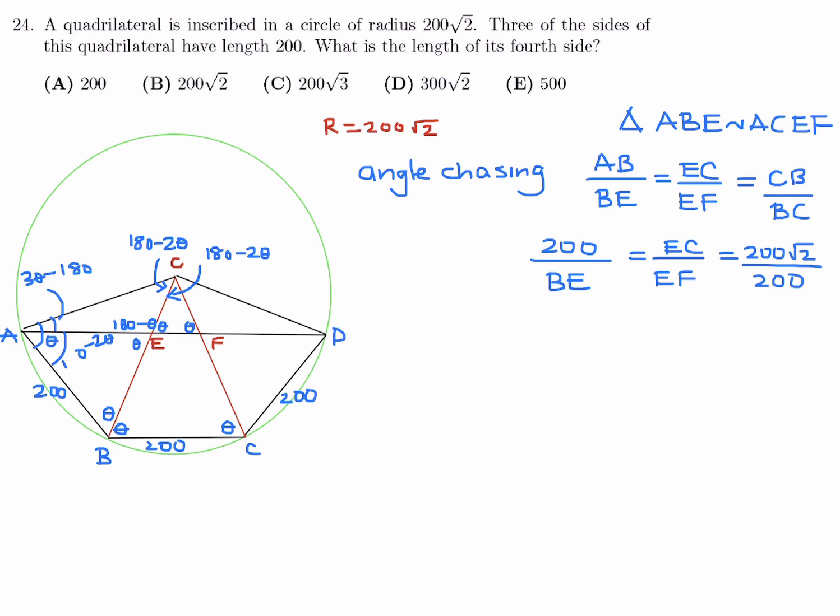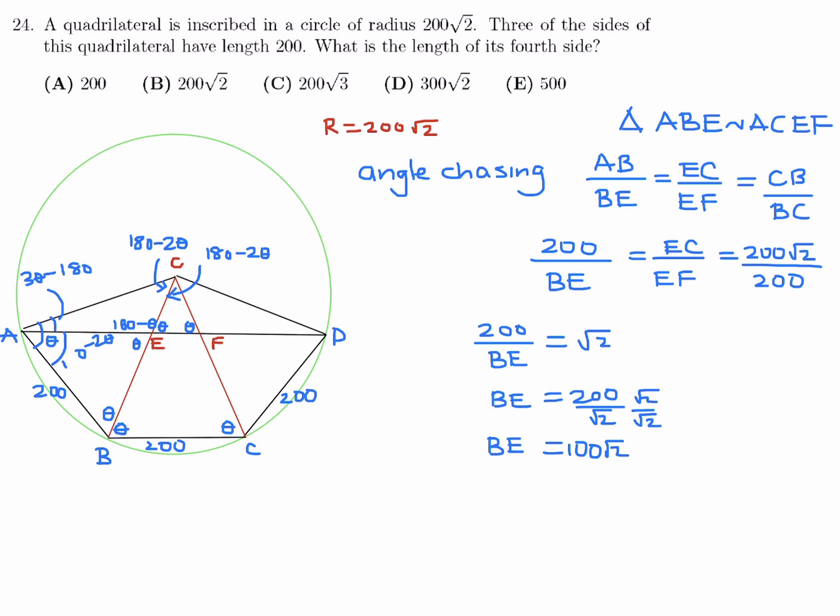Okay, great. So I can systematically now calculate each of these. This equals that, so I can figure out what is BE. That would be 200 over BE is equal to this, which is just root 2. So that means that BE would be 200 over root 2. And when you multiply top and bottom by root 2, you get 100 root 2 for BE. Okay.